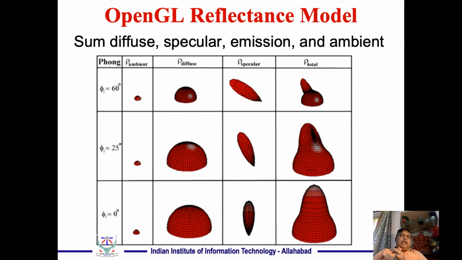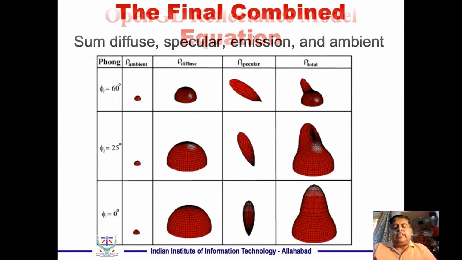So you can generate this table where you have this combination of these different intensities which are used in GL to model the surface. So there are inbuilt functions in GL to generate this.